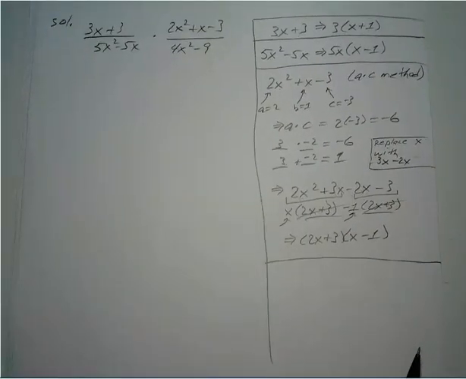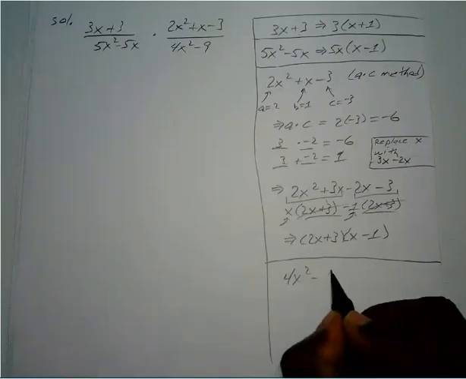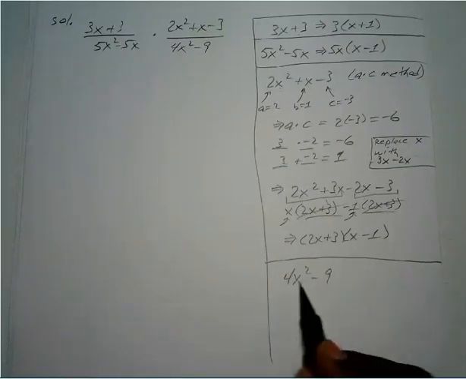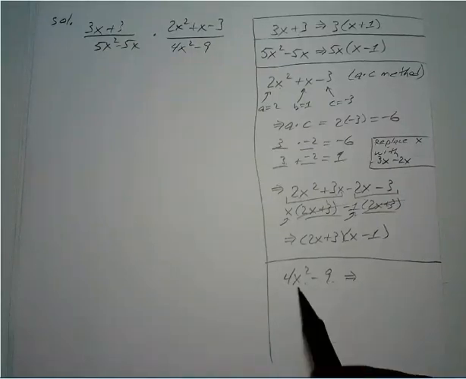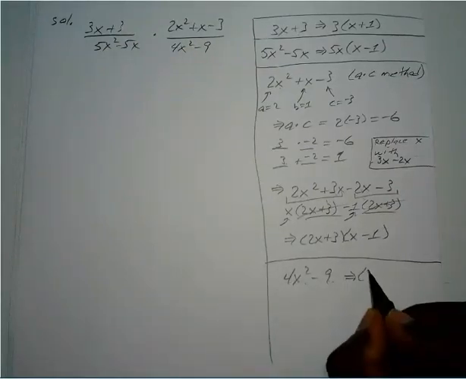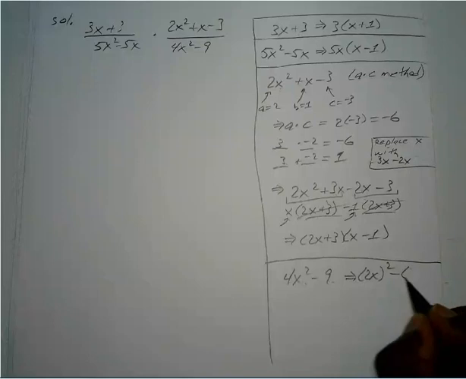And our 4x squared minus 9, we notice that's a difference of squares, because we can rewrite 4x squared as 2x squared and our 9 as 3 squared.